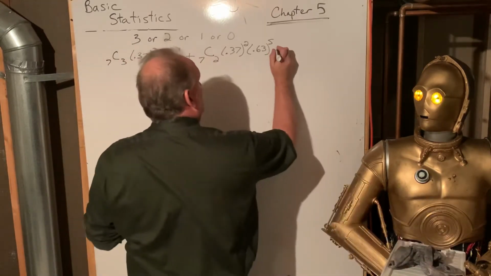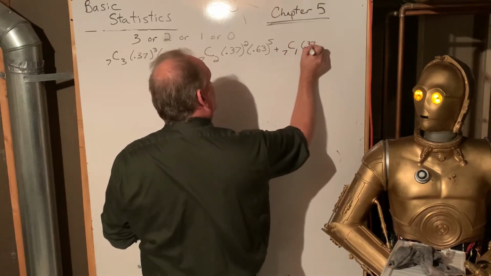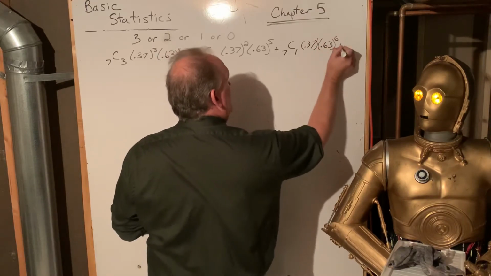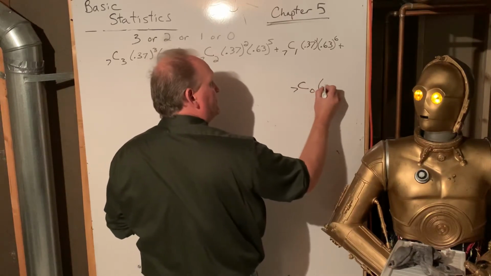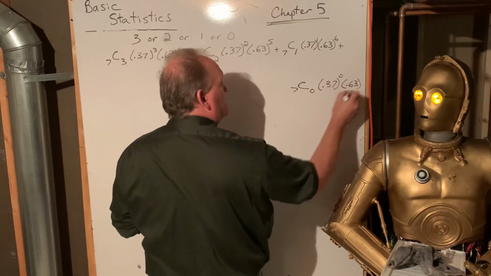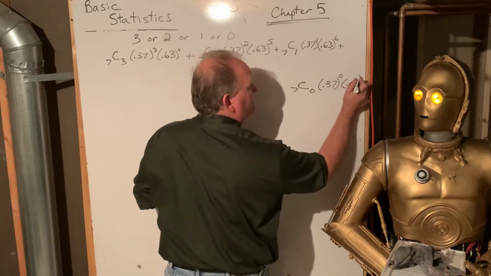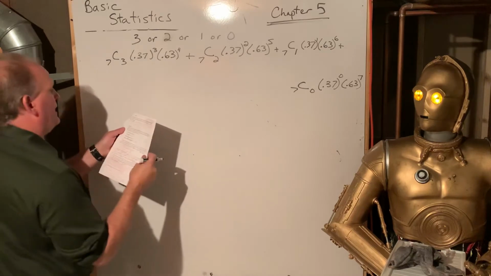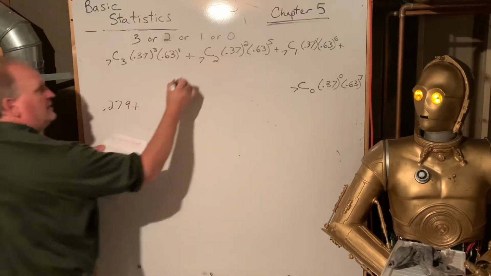Or 1 of them, or 0 of them? So remember, anything to the 0 power is 1. All right? So let's do this. This works out to be 0.279.